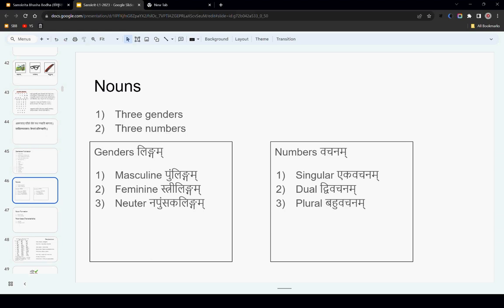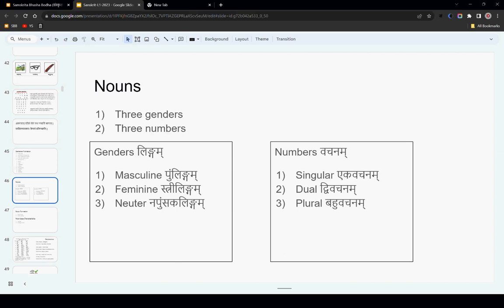Coming back to Sanskritam, similar to English, there are 3 genders: masculine, feminine, neuter. Masculine is called Pullingam, feminine gender is called Strilingam, and neuter gender is called Napunsakalingam. Similarly, numbers, which are called Vachanam in Sanskritam: there are 3 numbers in Sanskritam, not 2.